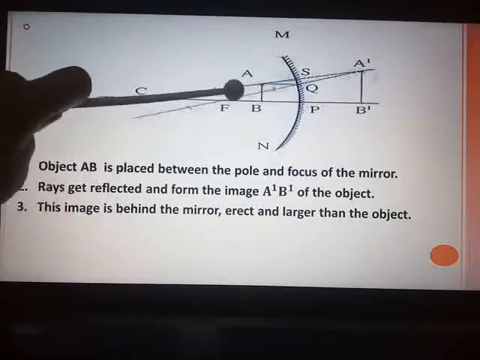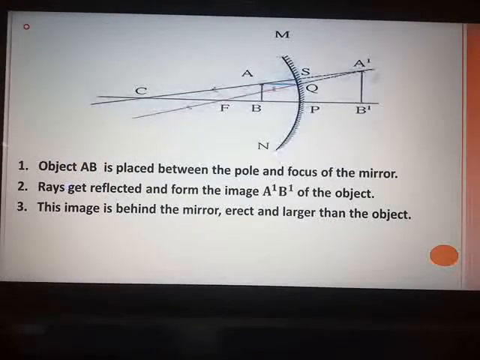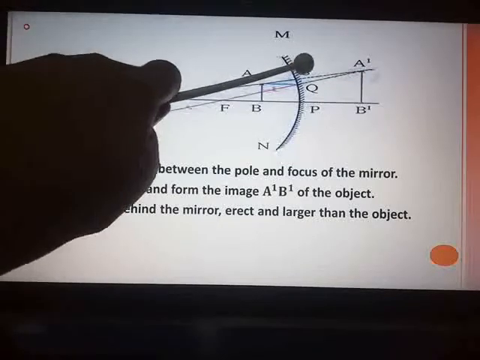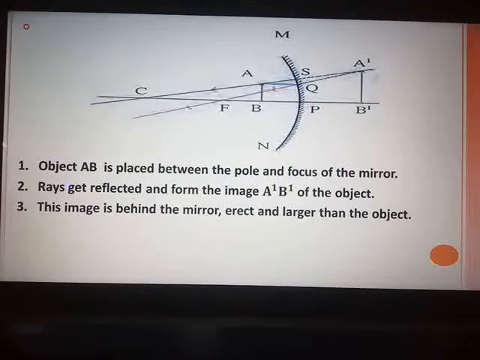It is parallel to your principal axis, and the other incident ray AS is in the direction joining A with the center of curvature. You can see it over here. Now this figure shows how these rays get reflected and they form the image A1 B1 of the object.